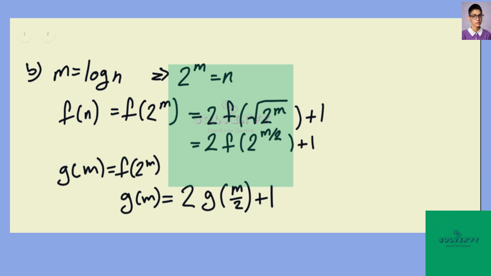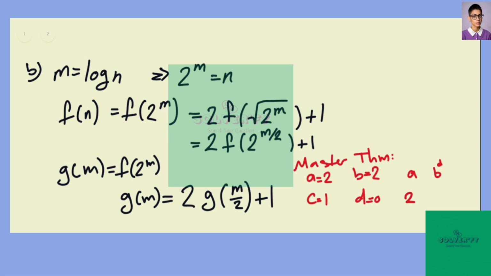And so we can use our master theorem with a equal to 2, b equal to 2, c equal to 1, and d equal to 0. So this is the master theorem. And if we consider the relationship of a and b to the power of d, we get that a is equal to 2, which is greater than b to the power of d, which is 1.